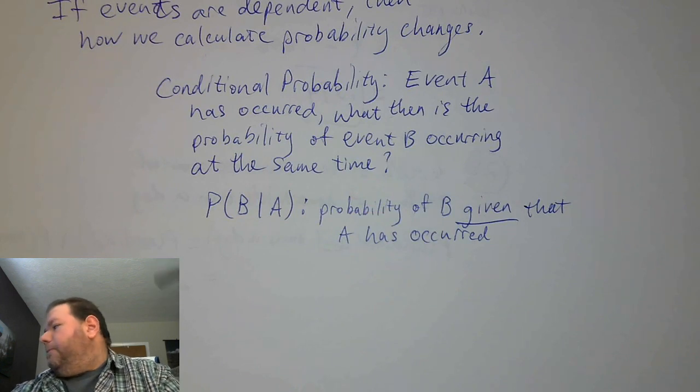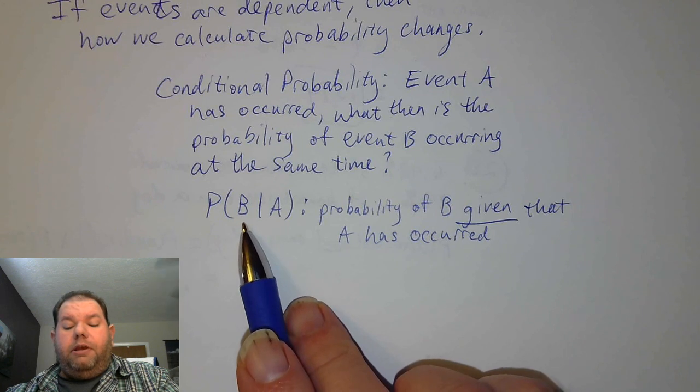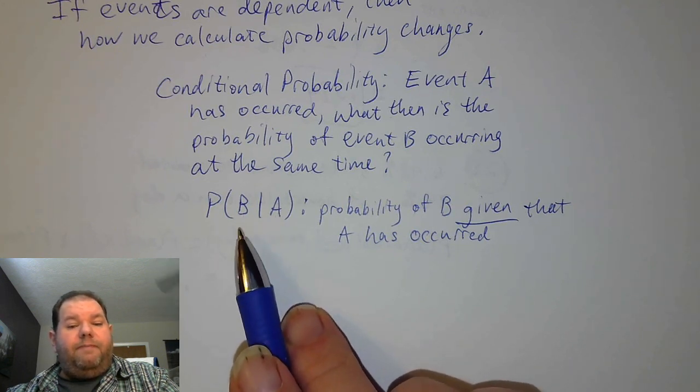Okay. So anytime we see this, we think B given A, that means A has already occurred, and now we want to find the probability of B occurring.